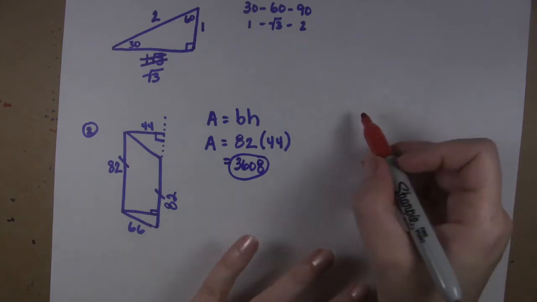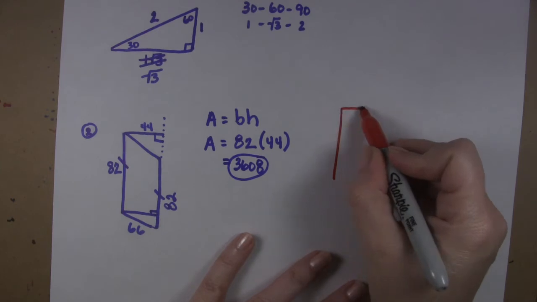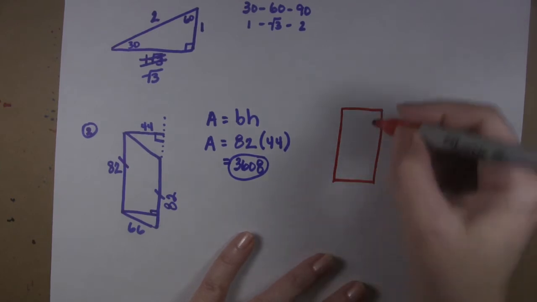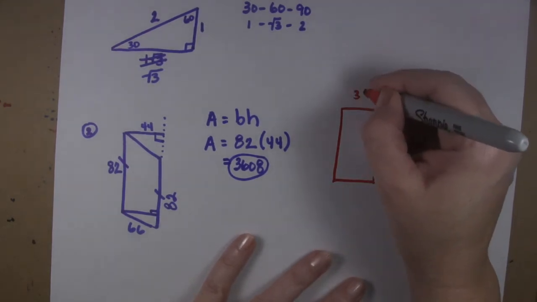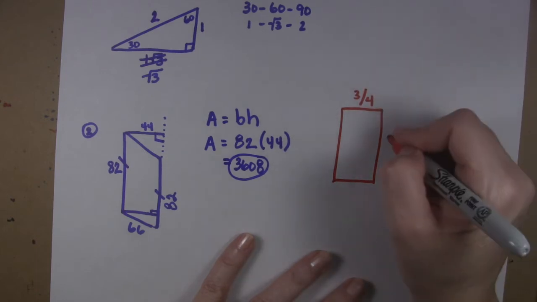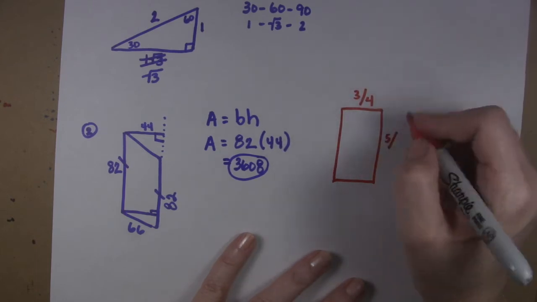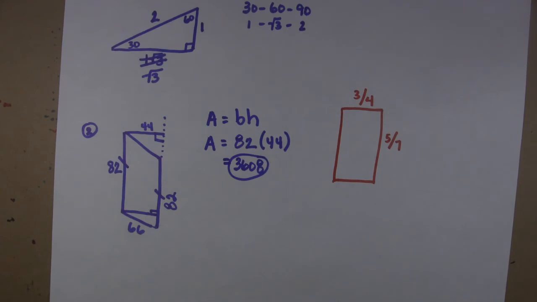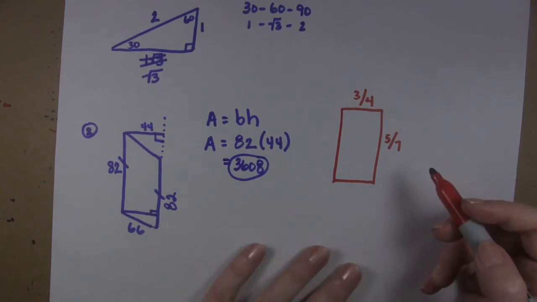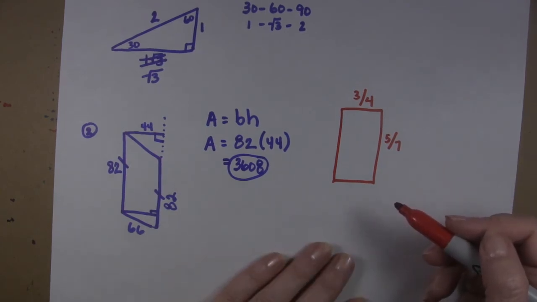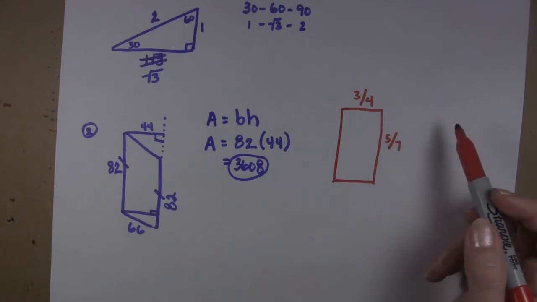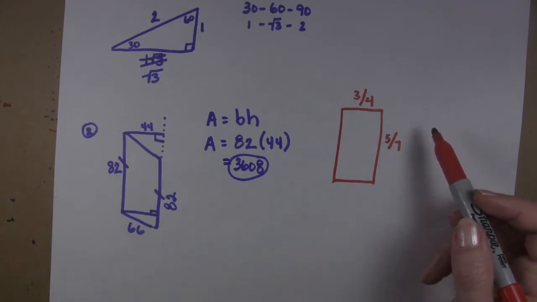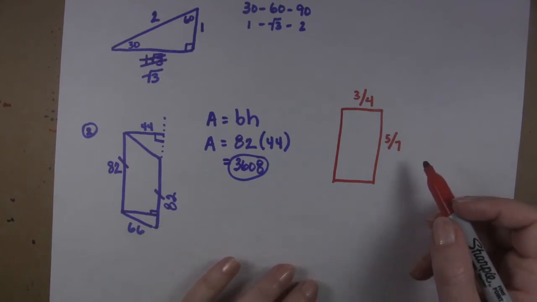Okay, so we also have here a rectangle. And we know that the width of this rectangle is 3/4, and we know that the side here is 5/7. And if you try to just put this into your calculator, you're going to wind up getting an ugly number, because 5/7 is not a nice decimal. It doesn't stop.